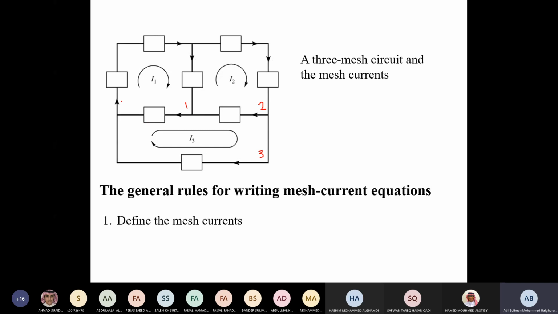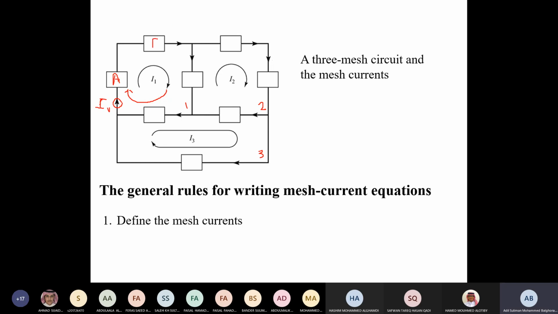Okay, so we come over here. Suppose this is element A. This current going through an element A from bottom to top is in the same direction as the mesh current I1. So we said then that this current, I can express it as I1, okay?